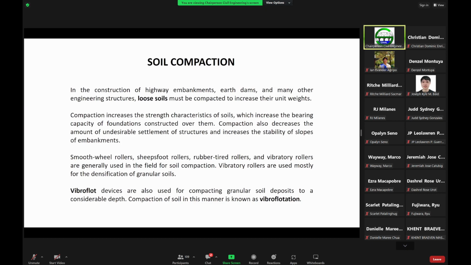For example, sometimes we can use a 10-ton vibratory smooth wheel roller. Smooth wheel rollers can be static, and they can also be vibratory. You just need to put some attachments to the rollers.